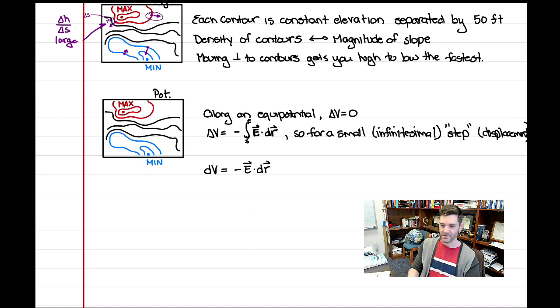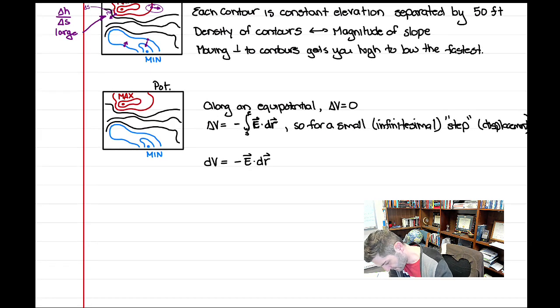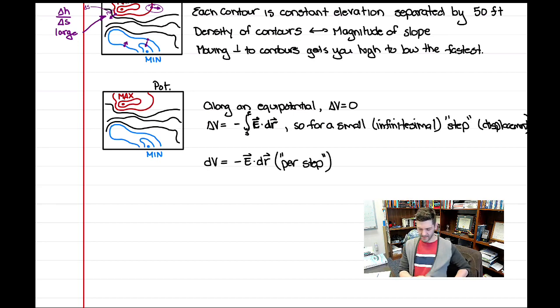And then that gives me the bulk delta V, right, V end minus V initial, where this gives me my little dV for every individual step. All right, so you might say this is per step, if we want to stick with this kind of anthropomorphic picture where the charge is walking through the electric field.